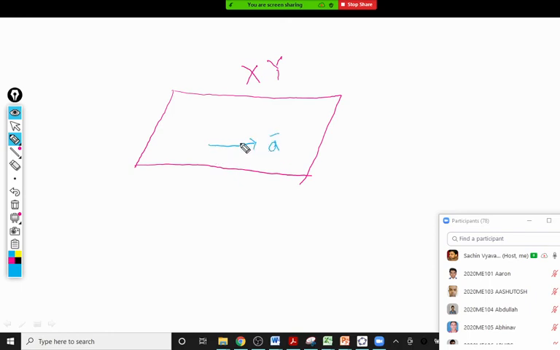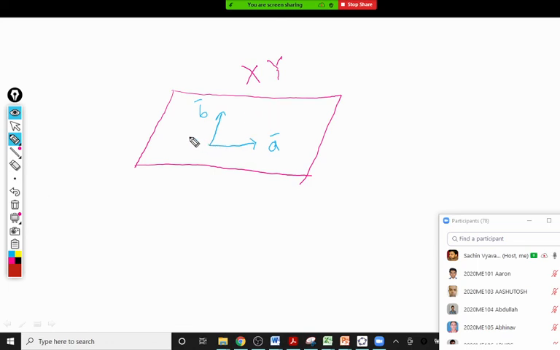But what is the condition? That A bar and B bar will not be collinear, meaning they should not have the same direction. So given 2 vectors in 2D which are non-collinear, meaning they do not lie on the same line, then we have a third vector, say C bar, any third vector in the same plane.